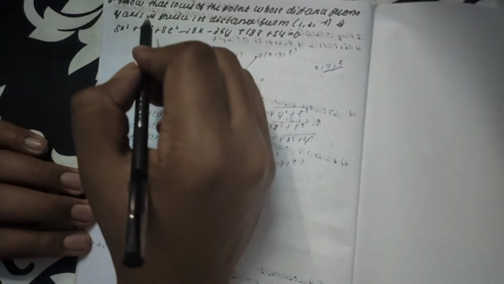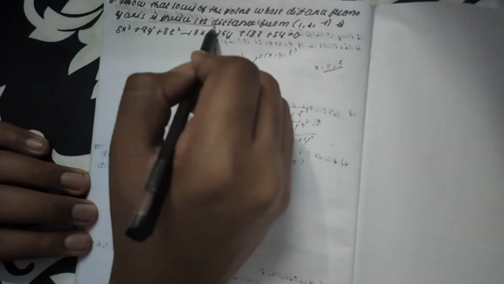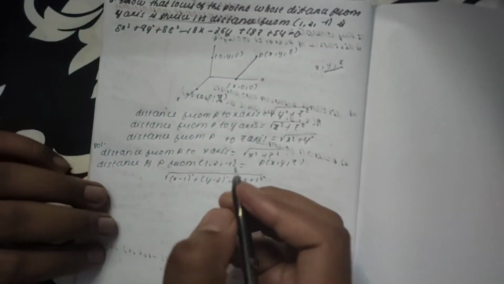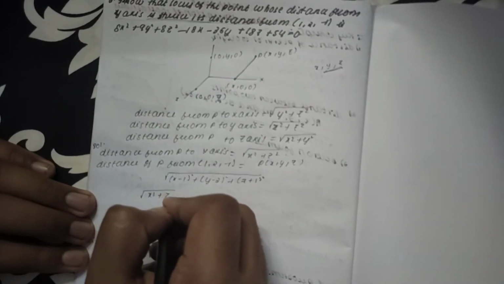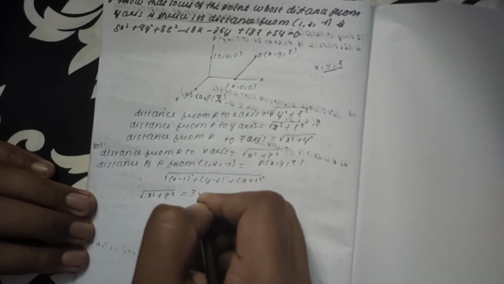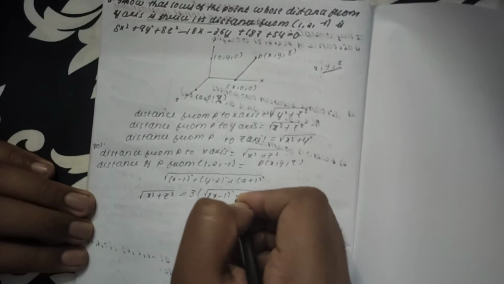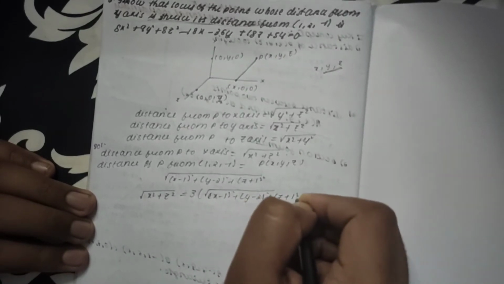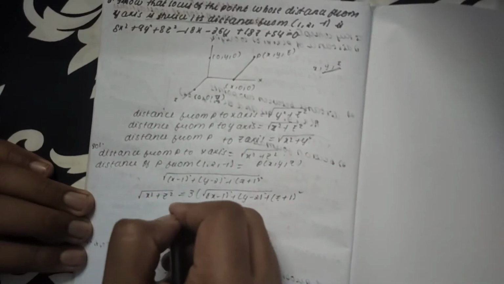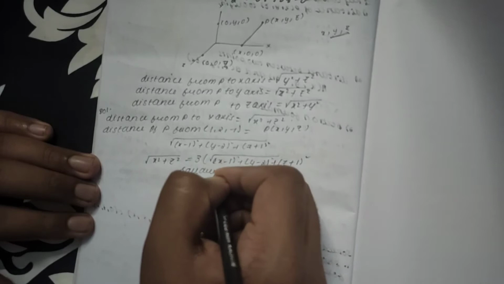In the given condition, the distance from P to the y-axis is thrice the distance of P to the point (1, 2, minus 1). So root over x square plus z square is equal to 3 times root over (x minus 1) whole square plus (y minus 2) whole square plus (z plus 1) whole square. Squaring on both sides.